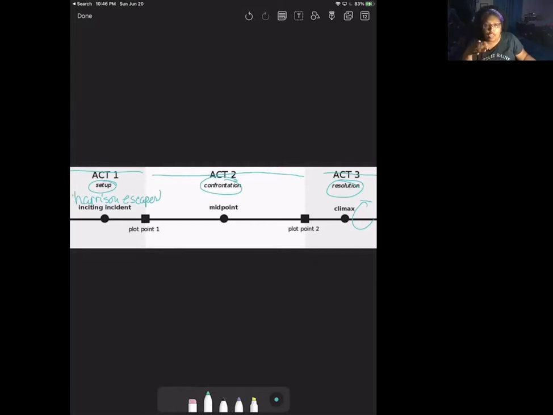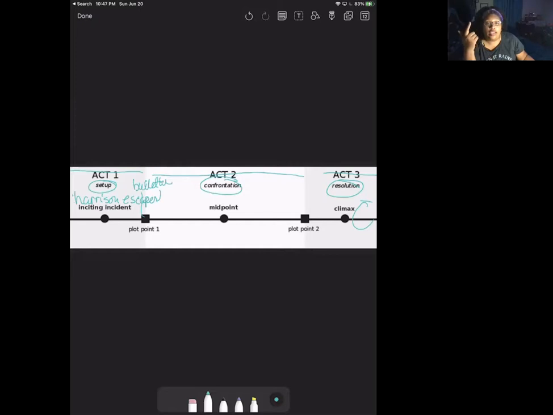Then it moves on to the next thing, the first plot point, the border between Act 1 and Act 2. Right here with Harrison is right there when they read the bulletin. There you see they stop dancing and the news person can't read it, so then one of the ballerinas reads it, and you see the bulletin.